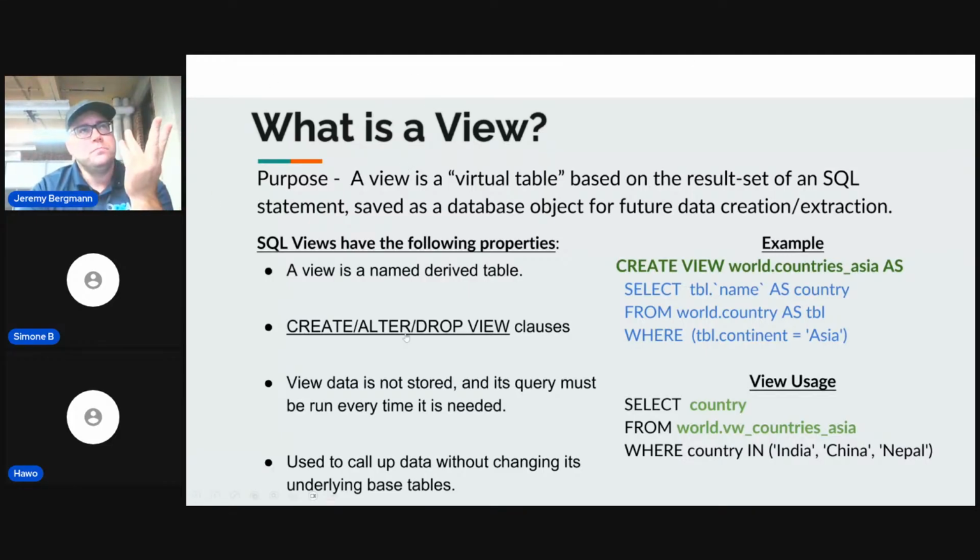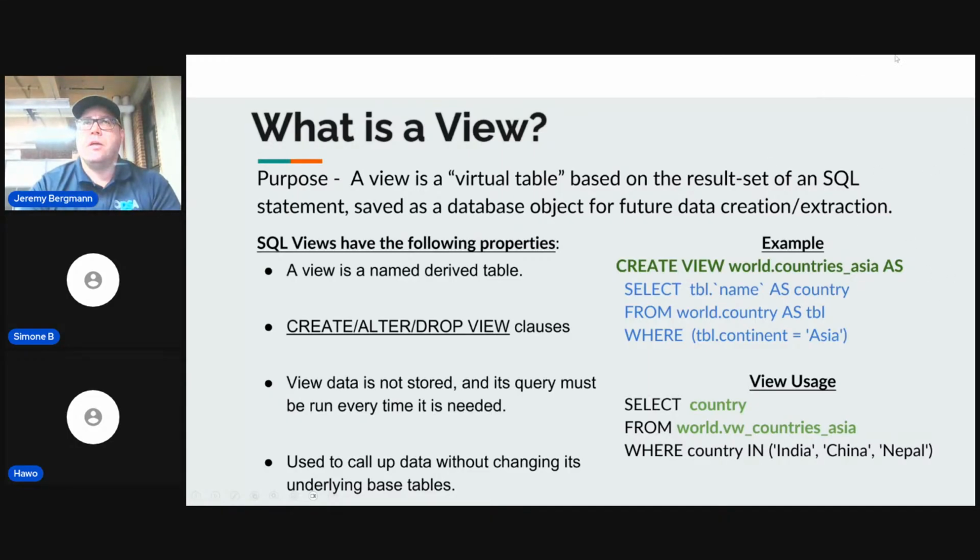So SQL views have the following properties. A view is a named derived table. So what that means is, remember when we did create table, in this case we're doing a create view, but notice that we don't have to define the data types or the constraints or anything like that, because what you're doing is just taking the results from that query, and then you could call it from that view.